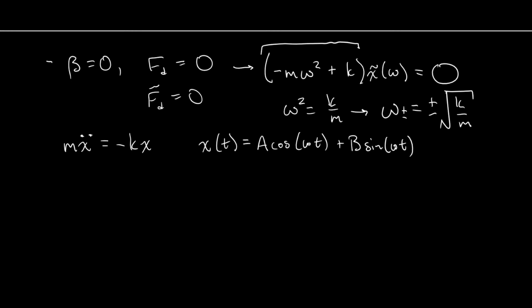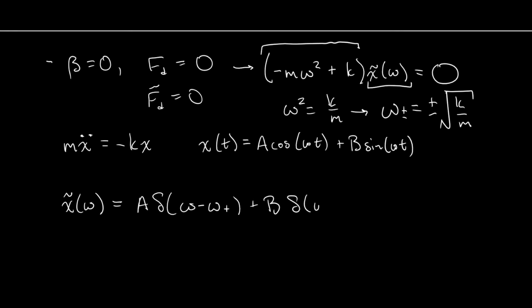But now I can choose a form of x so that I essentially only pick out these two solutions, right? So I can choose x tilde of omega equals some constant, which I'll call a, not necessarily the same a as before, times delta of omega minus omega plus, plus b times delta of omega minus omega minus.